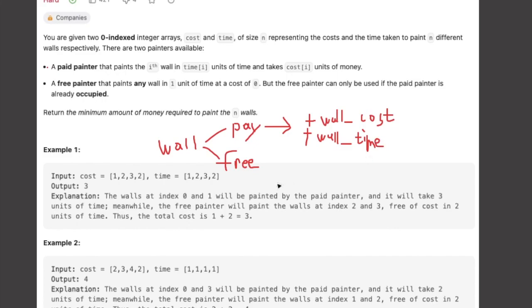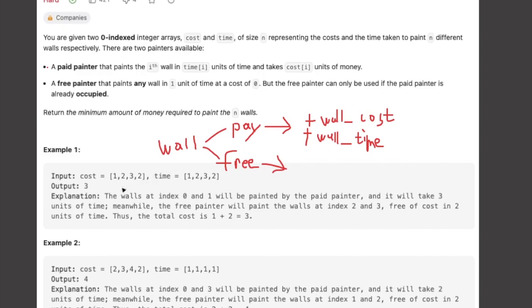And if we choose the free painter, then first of all, it is not always possible to choose the free painter because we might not have enough free credit, but we can somehow borrow the credit. Basically, our credit can go negative.